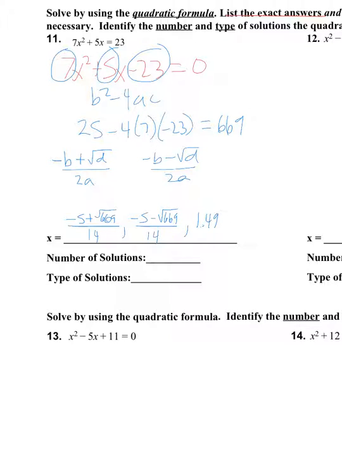Then I'll take negative 5 minus square root of 669, enter, then divide by 14. Let me make sure that I did everything right there. Yep, negative 5 minus, and we'll get negative 2.20.